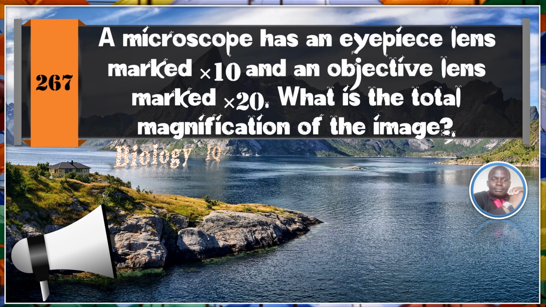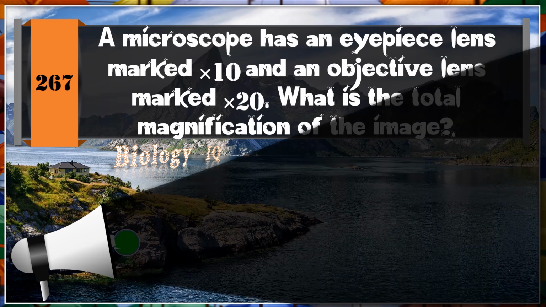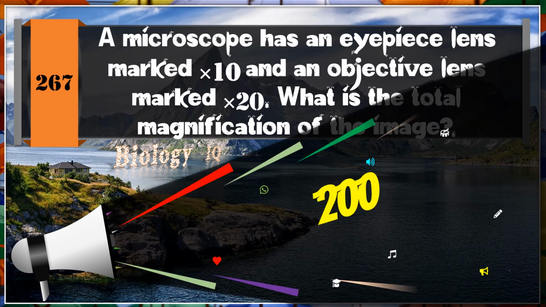A microscope has an eyepiece lens marked 10 and an objective lens marked 20. What is the total magnification of the image? 200.